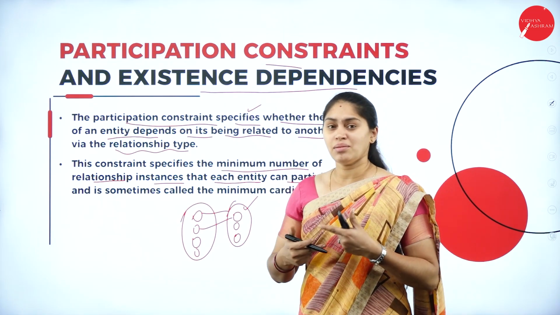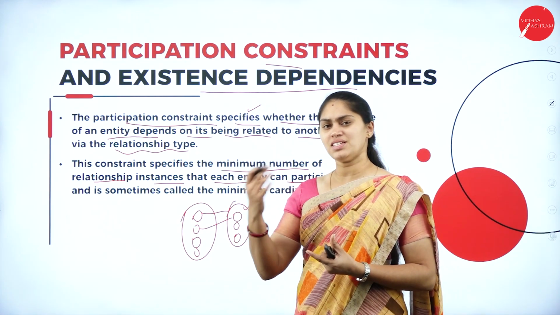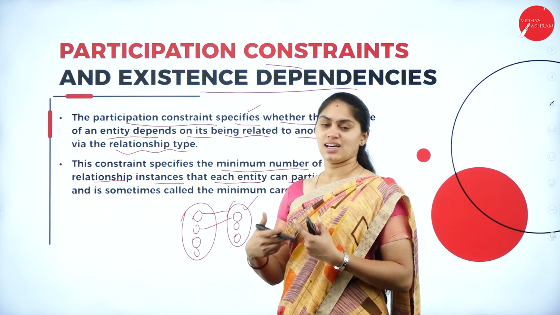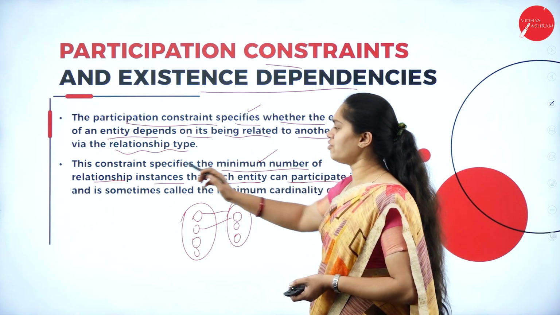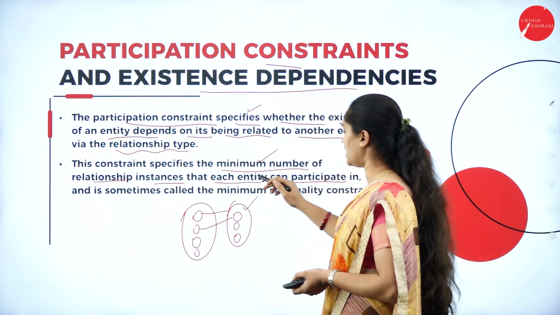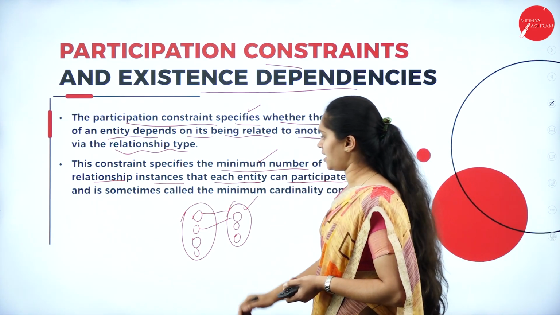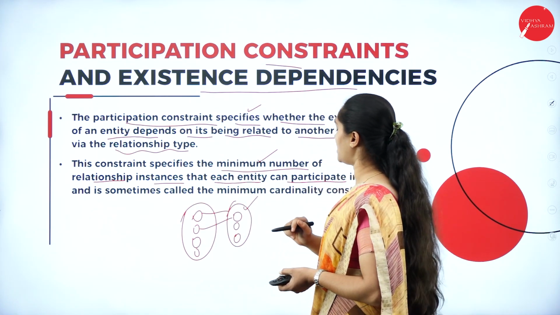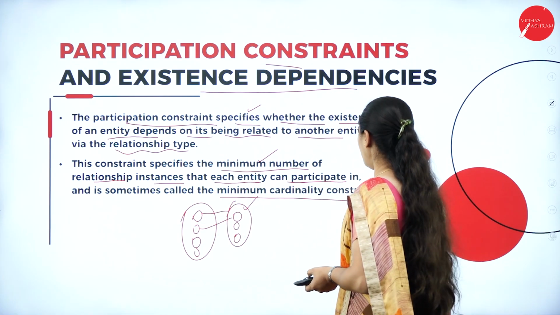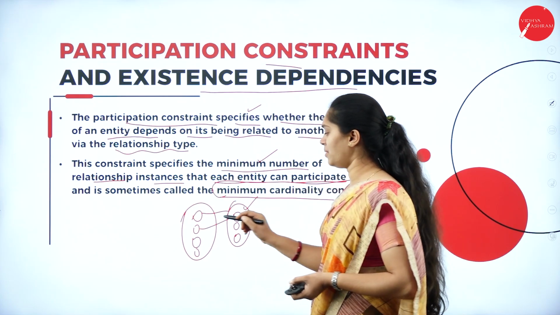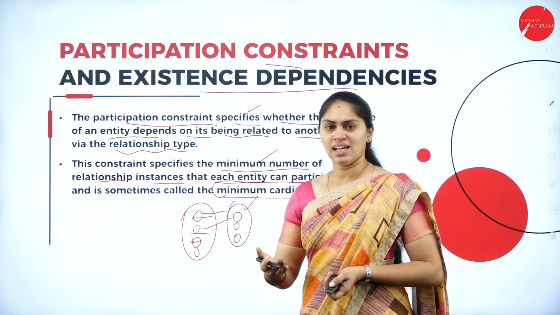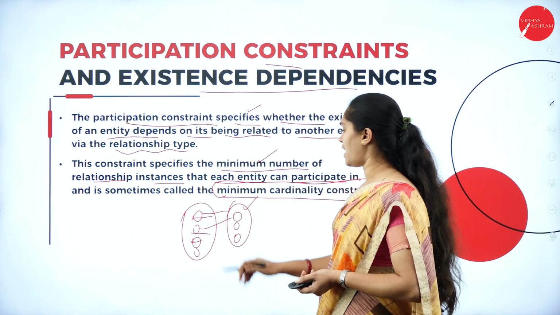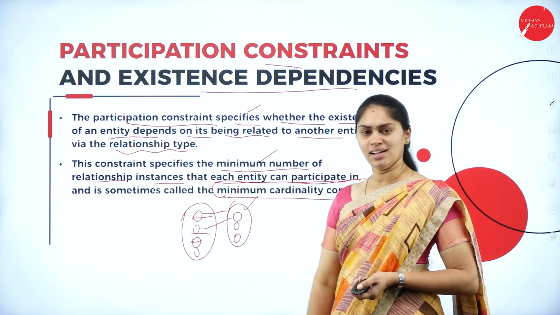That is the minimum constraint that we are having. So if it is exceeded, then we are going to change the constraint here. That specifies the minimum number of relationship instances that each entity can participate in. And we also call this participation constraint a minimum cardinality constraint. That means the minimum number of instances participating in a relationship is also considered the minimum cardinality constraint.